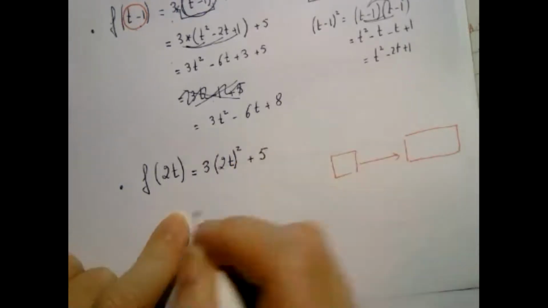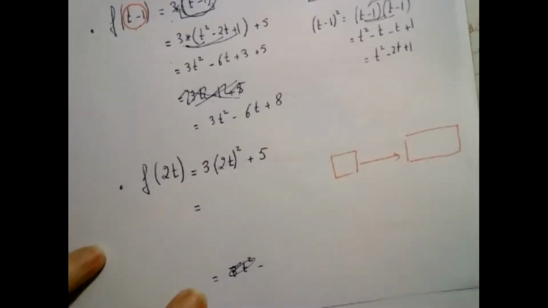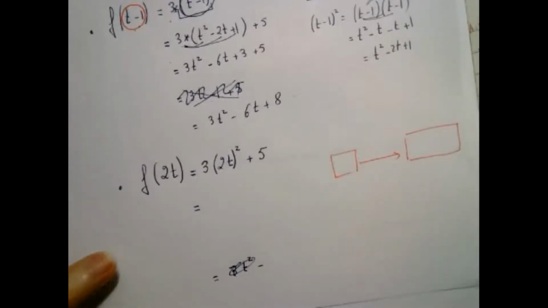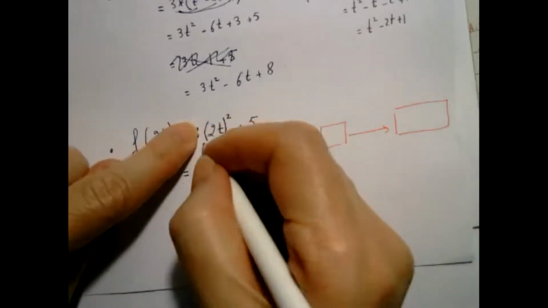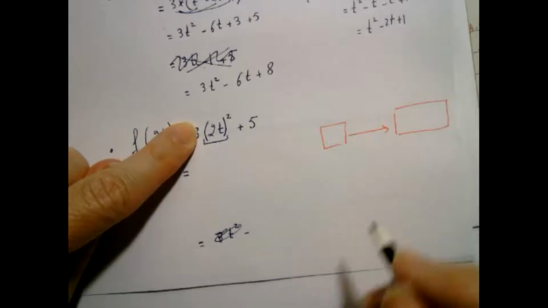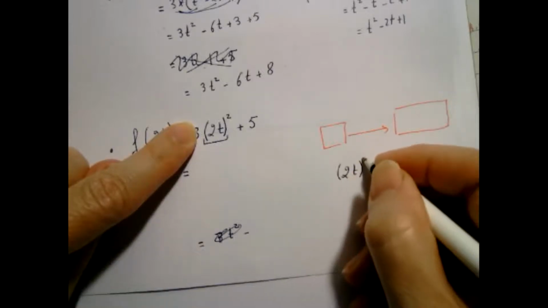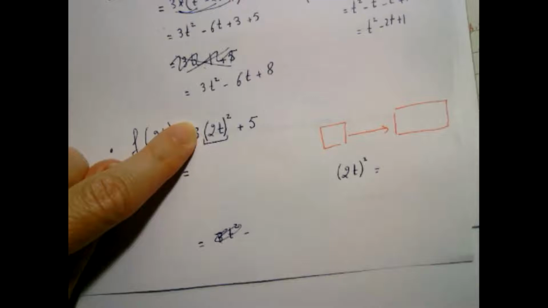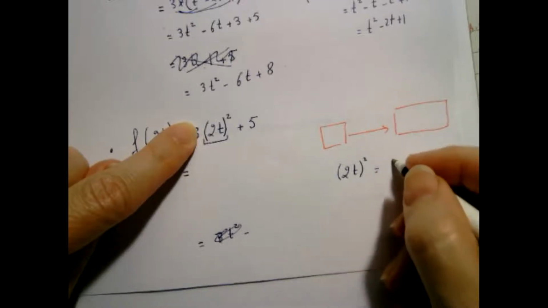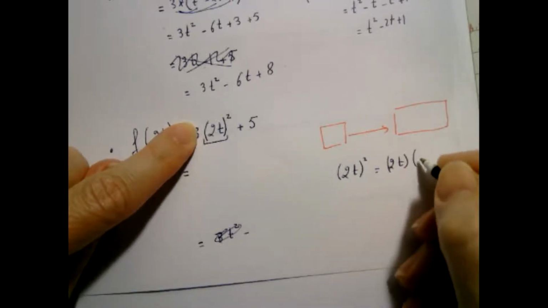So that equals 6t squared. No. Why not? Here, you have the quantity 2t squared. Again, I'm going to move to the side and evaluate it. What's the quantity 2t squared? What does it mean? 2t times 2t.